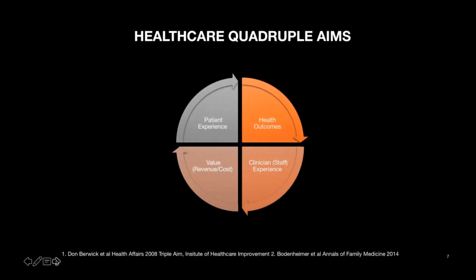So one thing that's very important is first to figure out what your objectives are in terms of where you want to be in patient experience and what you want to achieve.